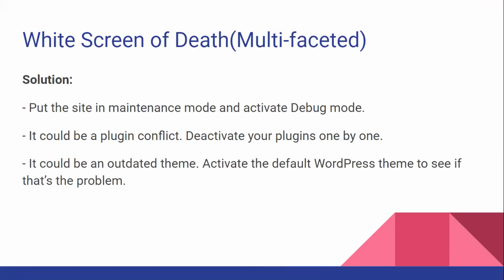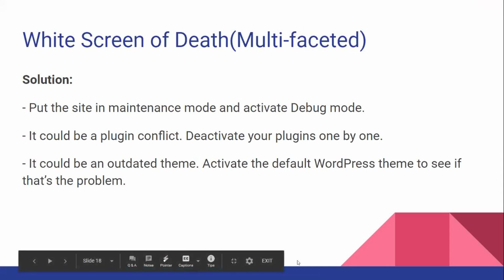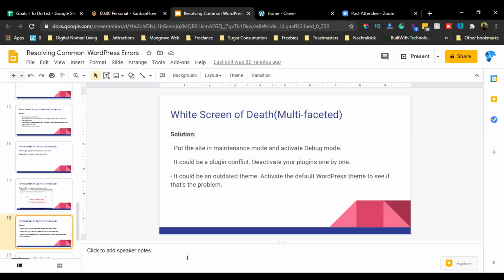Now, if you put it in debug mode and it's still not giving you anything, the next thing I would do is change my theme from the current theme to the basic theme, which is what WordPress gives you.